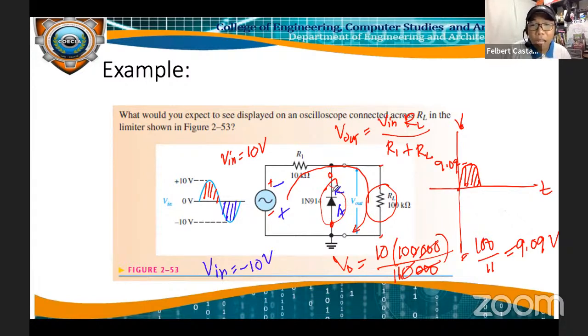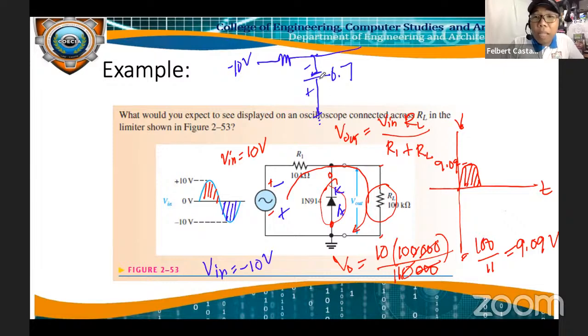Kapag mag-conduct siya, short lang yan kapag ideal condition. I-redraw ko na lang, guys. Kapag negative 10 volts yung input mo, you have R1, tapos yung diode mo, ito yung negative, cathode. Parang battery lang yan, 0.7, negative, positive.